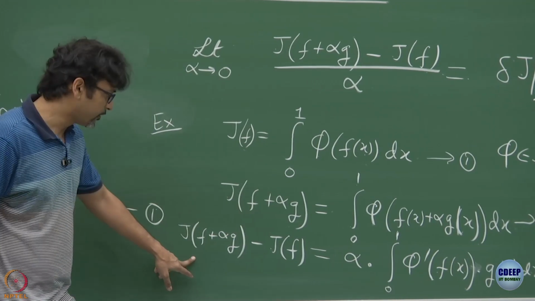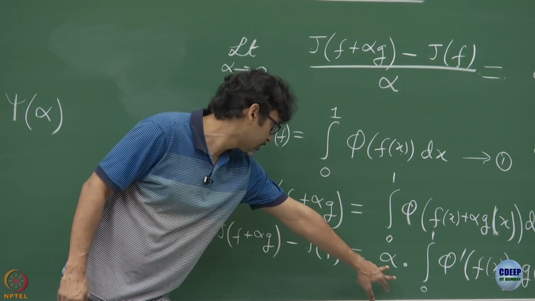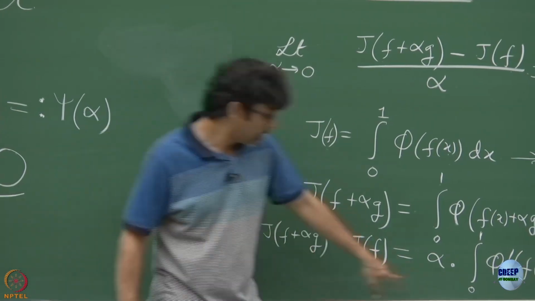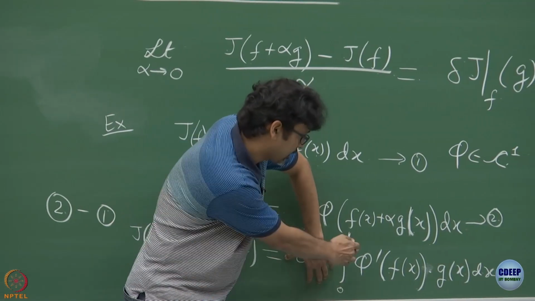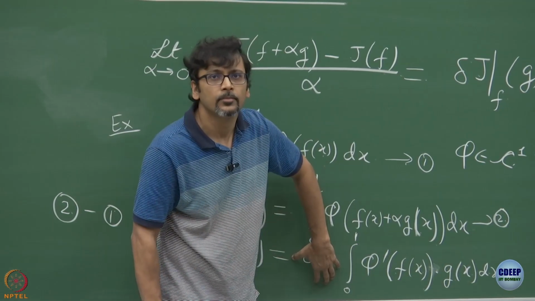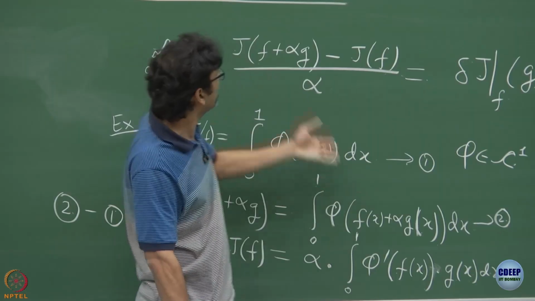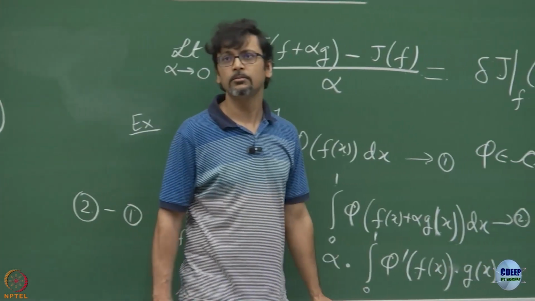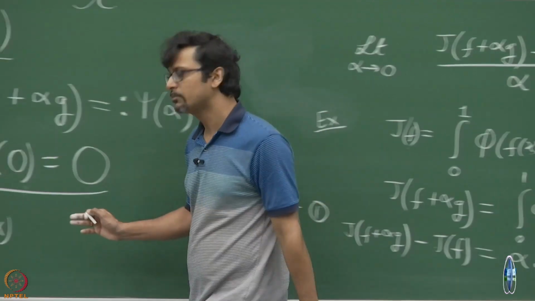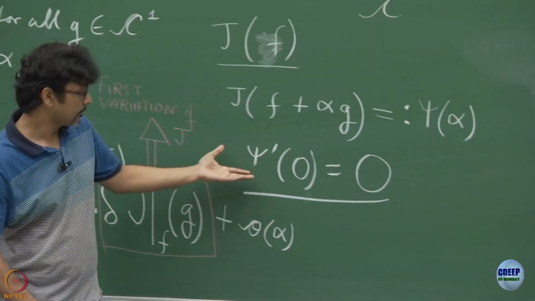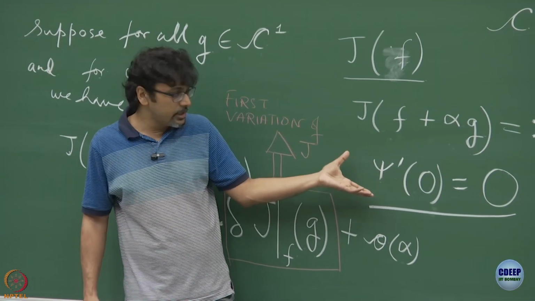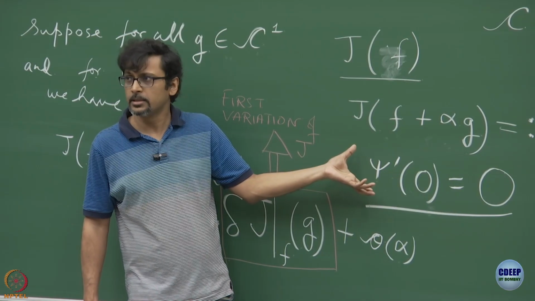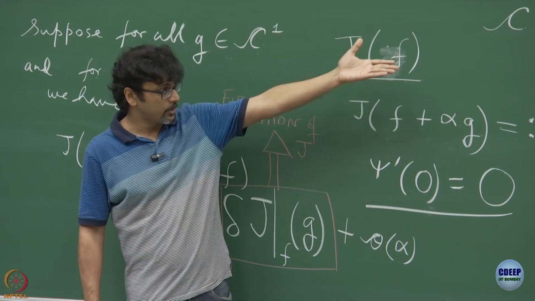So if you try to take the first variation of this, you'll have to let the limit alpha going to 0, and you'll be left with essentially just this integral here. So indeed the Gateaux derivative does allow you to find out the first variation, and that first variation essentially is tantamount to this, isn't it? Because of that definition there.